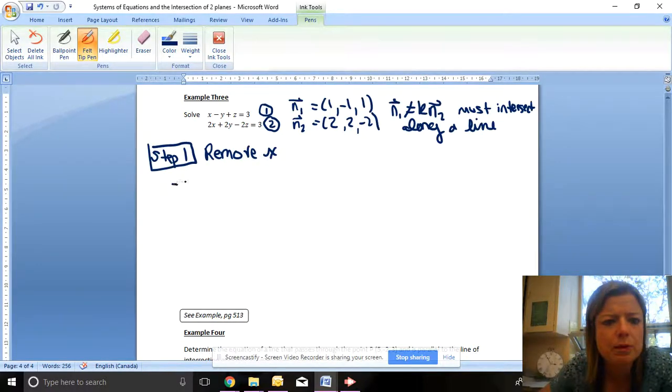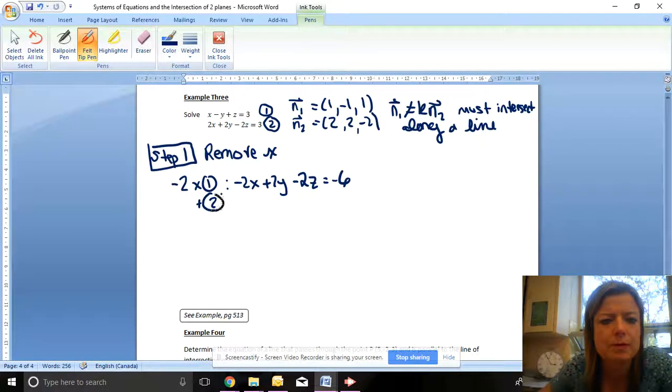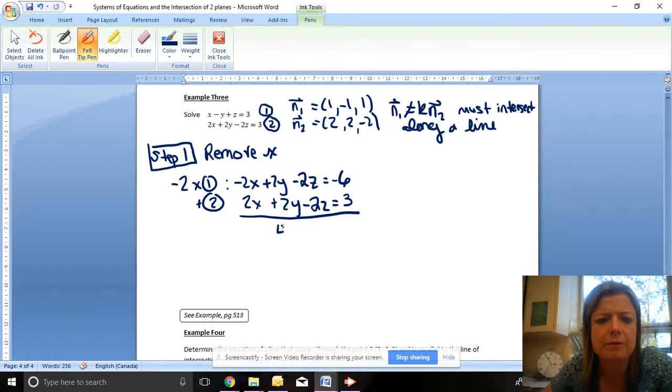Okay, so we're going to multiply equation 1 by -2 to get -2x plus 2y minus 2z equals -6. And we're going to add that to equation 2, which is 2x plus 2y minus 2z equals 3. And so that eliminates x. We get 4y minus 4z equals -3. So we're going to call that equation 3.